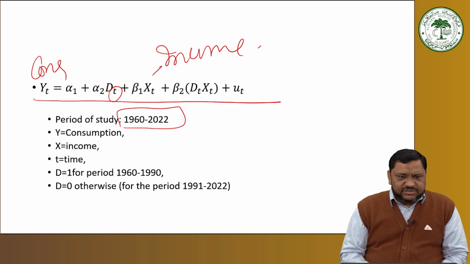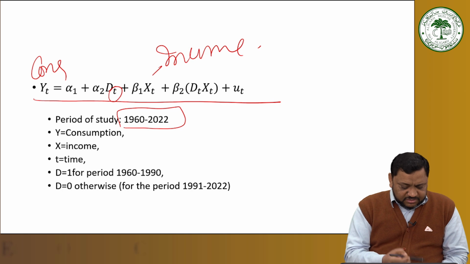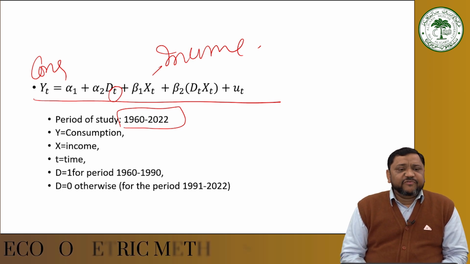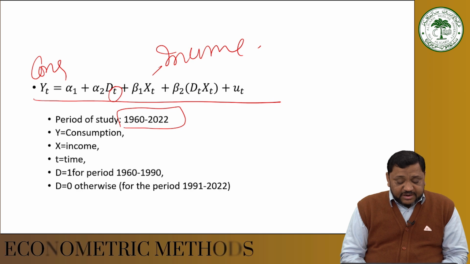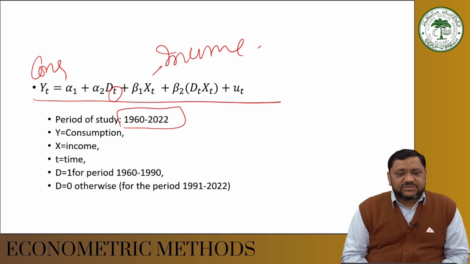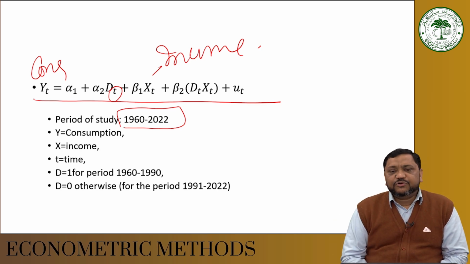We are using the technique of a dummy variable, wherein d will be equal to 1 for the period 1960 to 1990 and d will be equal to 0 for the period after 1990, that is from 1991 to 2022.